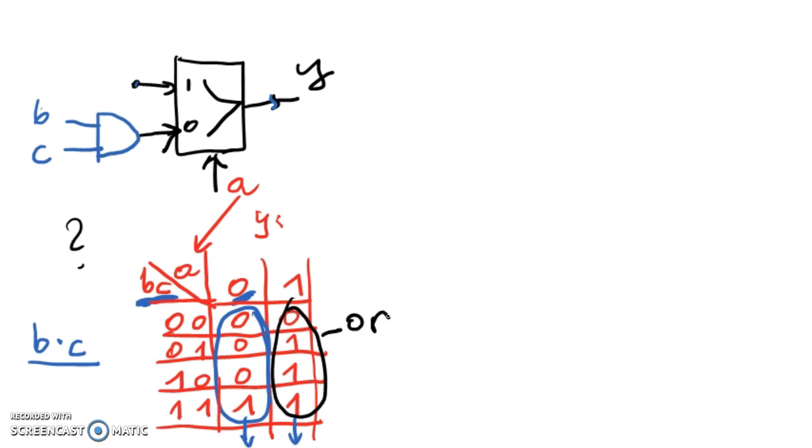It is OR. And this is AND. So you need another gate, which is an OR gate. And you connect the output of this gate to input 1 of the multiplexer. And you must connect the same signals, B and C, to the inputs of this gate.